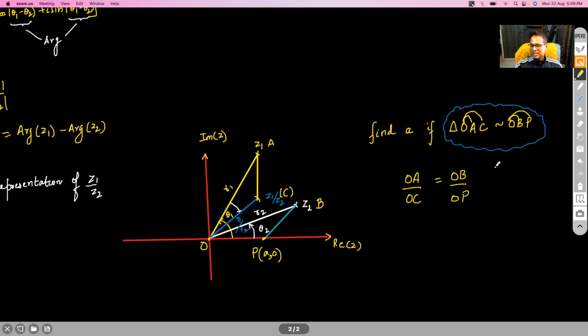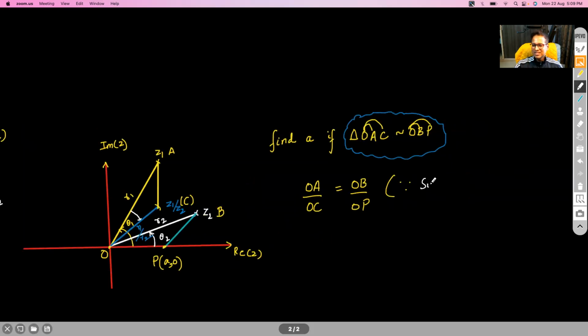This is because the triangles are similar and hence sides are proportional. Correct now? So OA is what? OA is R1. OC is what? R1 divided by R2. Yes or no?